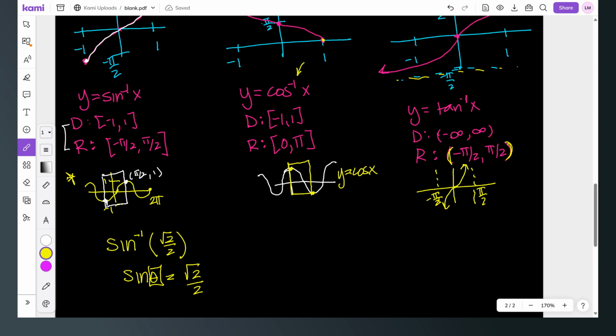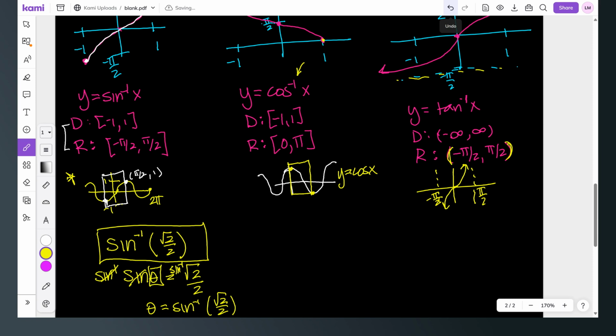When we were solving right triangle trig equations, we took sine inverse of both sides to get rid of sine, and then we did sine inverse on this side. So we had theta equals sine inverse of the square root of 2 over 2. Well, we're skipping that solving step. They're just giving us this now, but same type of problem.